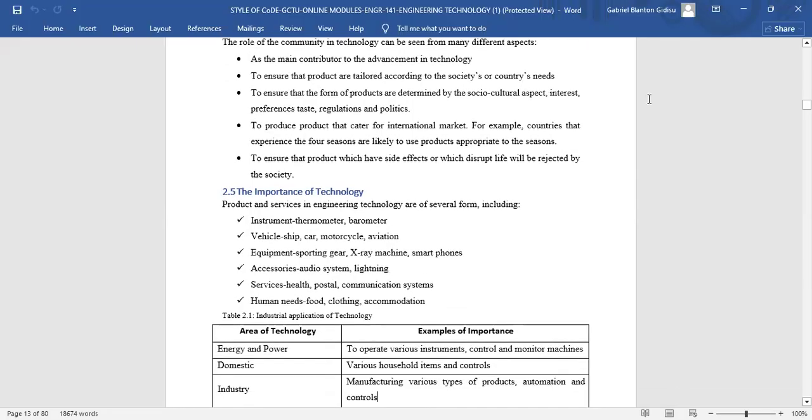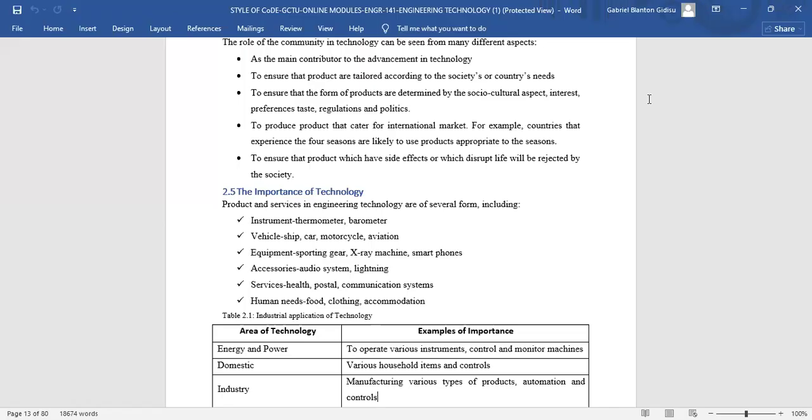Then we have accessories: audio systems, amplifiers, lighting, that is touch lights, acoustics. Then we have services: health, communication systems, online delivery, it falls under services.